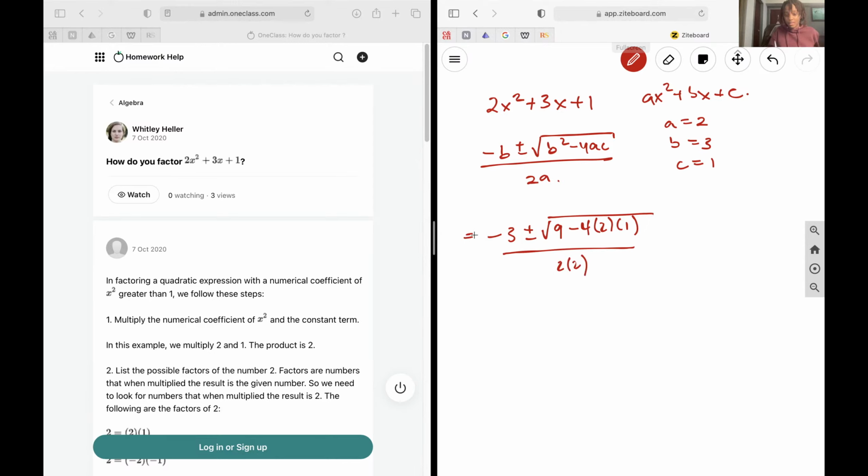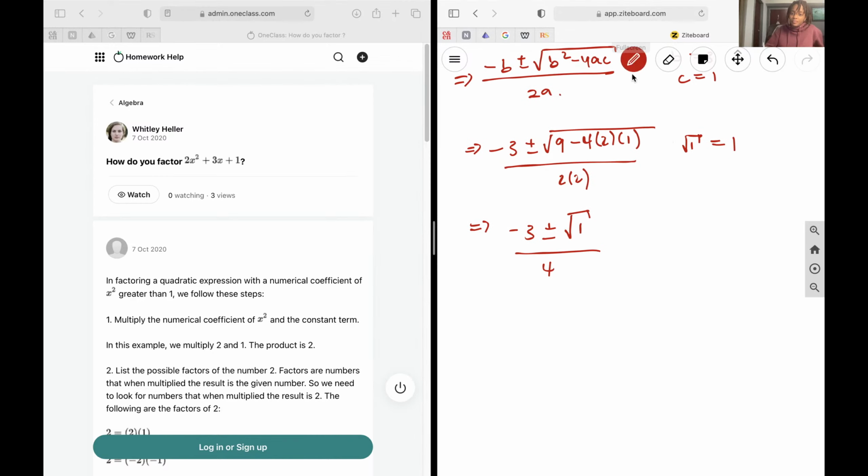So let's go ahead and simplify this to become negative 3 plus or minus the square root of 9 minus 8, because 4 times 2 is 8 times 1, so remaining with 8. So 9 minus 8 is going to give us a 1. So the square root of 1 over 4. The square root of 1, we know, is just equal to 1, because 1 squared is 1.